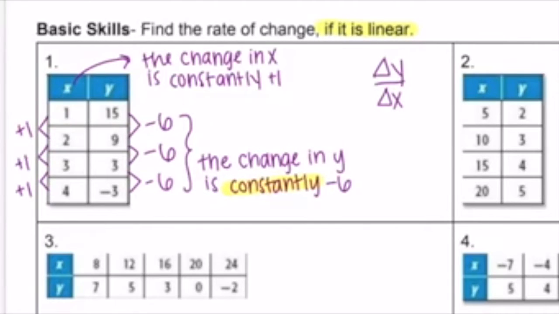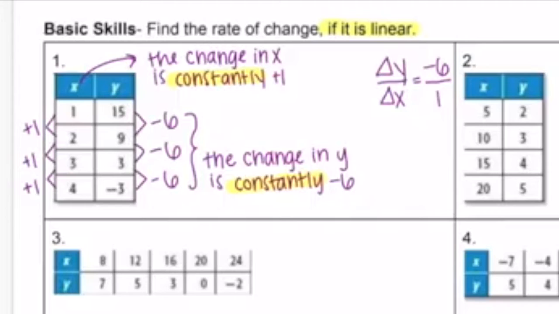Our change in y was down 6, or -6, and the change in x was +1. Since this was a constant rate of change, this is a linear rate of change. So the rate of change is -6, because -6 over 1 is just -6, and this is linear.